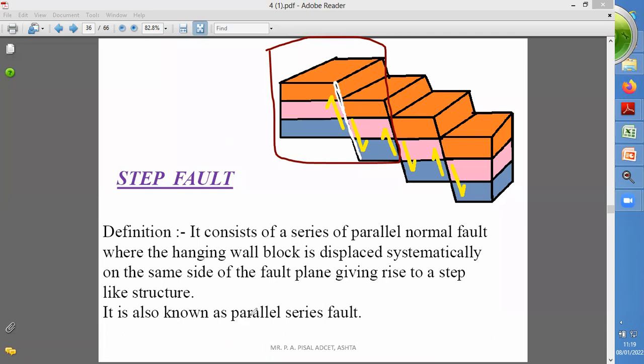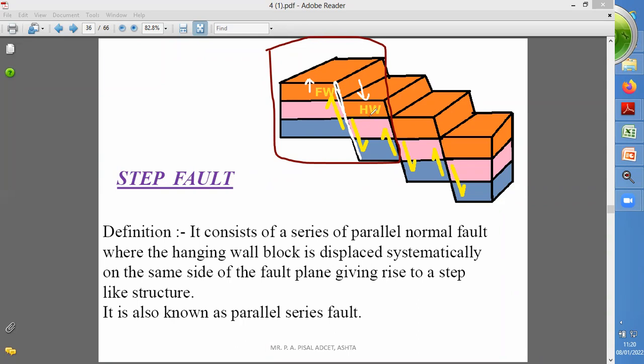The block which rests above the fault plane is considered the hanging wall, and the block which rests below the fault plane is the footwall in these first two blocks. What you see here, the hanging wall moves in the downward direction, and this block moves in the upward direction.